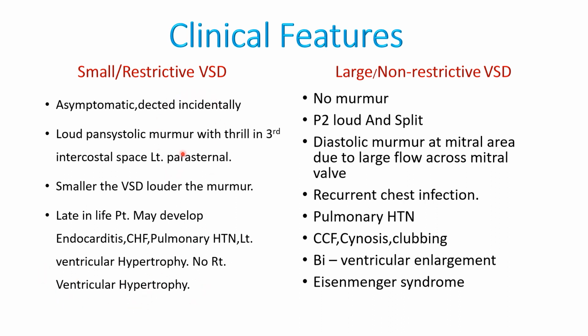One of my colleagues, he is about 40 years old, and he has clubbing in all 10 fingers, grade 4 clubbing. But he's working in a hospital, and he's doing all his normal activities, and he said his VSD is inoperable.